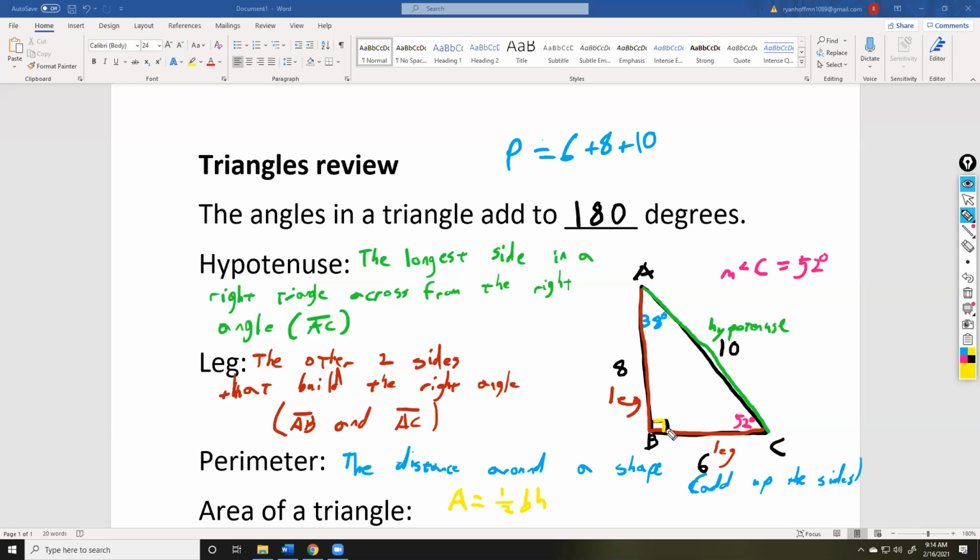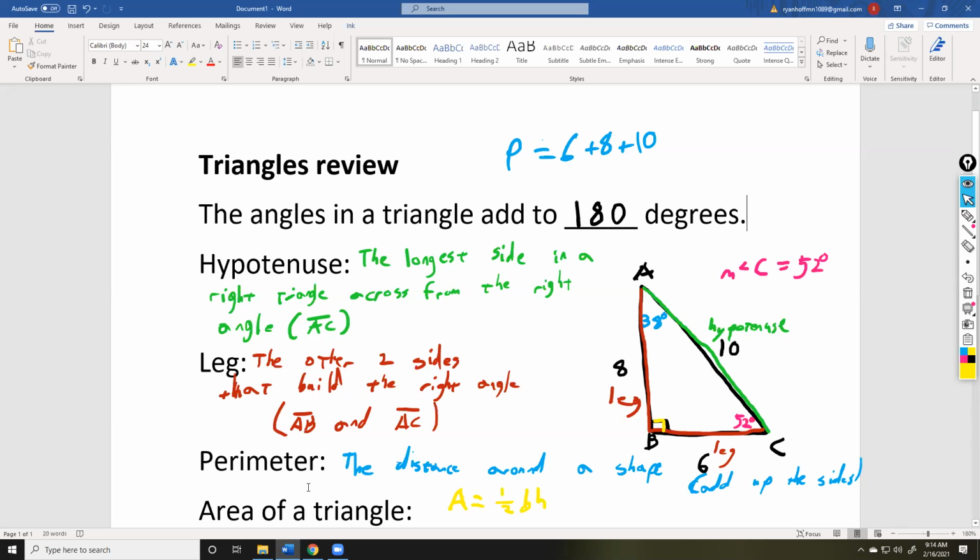So to recap everything that we've talked about here, in a triangle, the angles have to all add up to 180 if I add the three angles together. When I make a right triangle, I can put my sides into two different categories: the hypotenuse, that longest side across from the right angle, and then my two legs that are used to build the right angle.